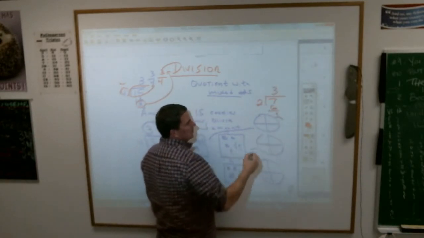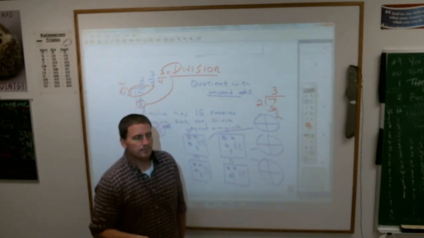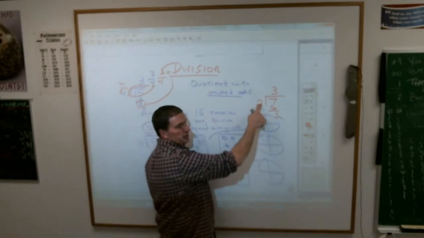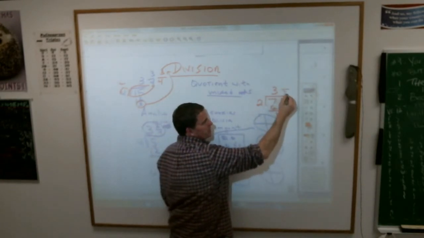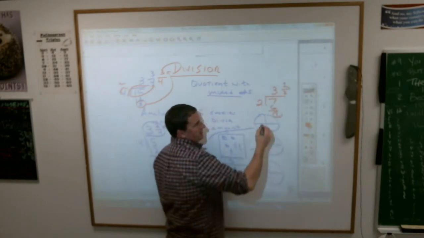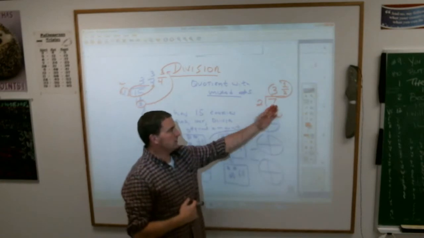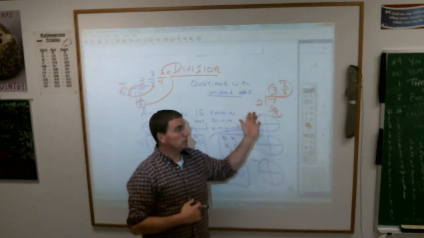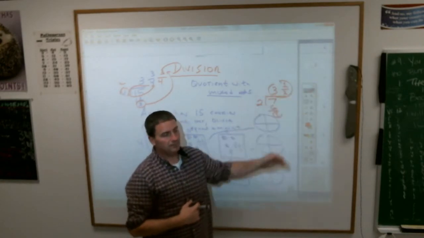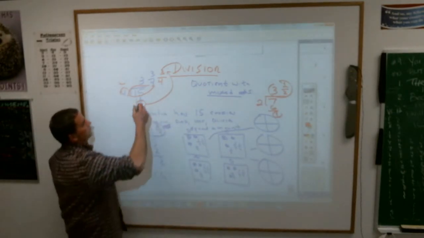I have 1 left over, but if I'm asked to make a mixed number, I don't write remainder 1. The divisor is the bottom of the fraction, and my remainder is the top of the fraction, and that's my mixed number. If you had 7 cookies, cutting them into 2 equal groups, everybody gets 3 and a half. It's a pretty simple little process.